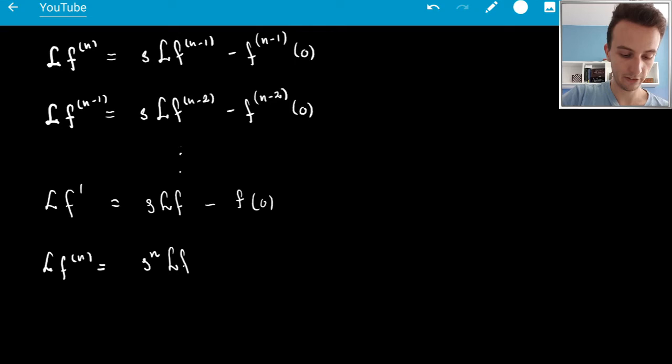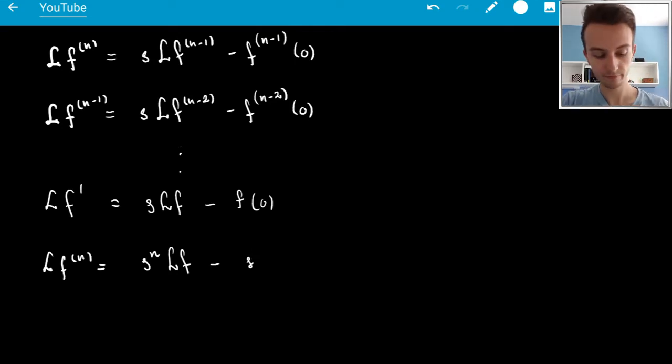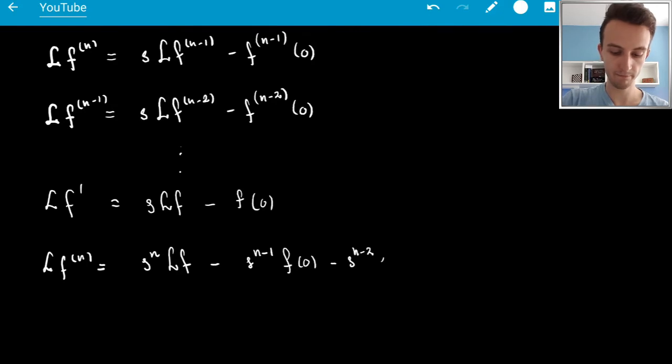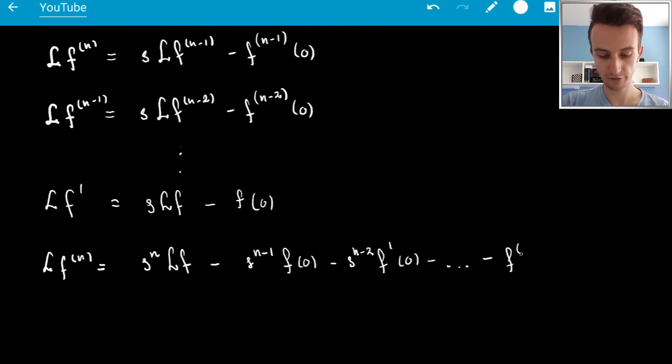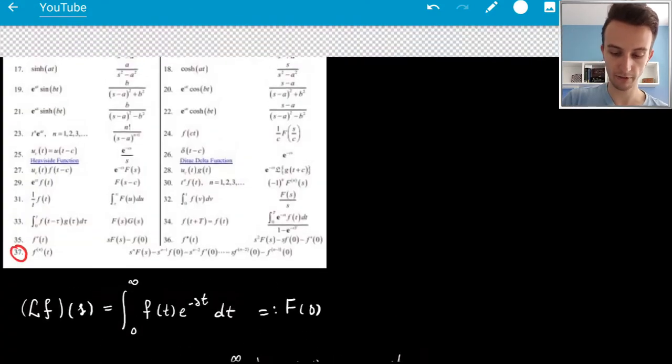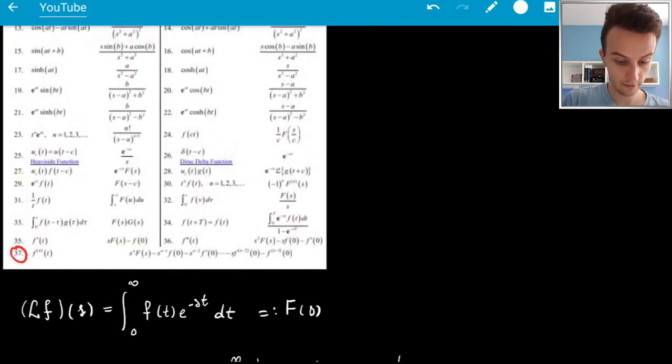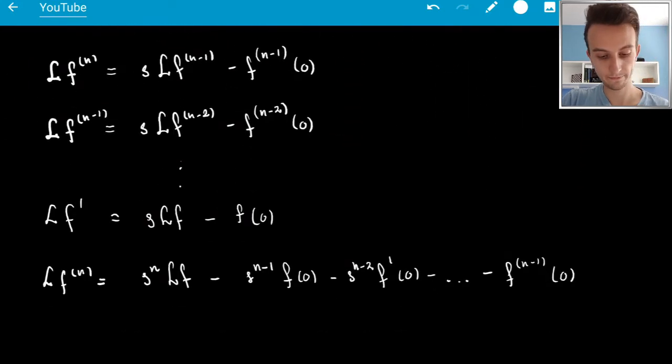So clearly it'll be s to the n L{f} minus s^(n-1) f of 0, and then minus s^(n-2) f prime of 0, minus and so on. Now there's no s, and it's f^(n-1) at 0. Let's just make sure that's correct. So indeed, that is correct.